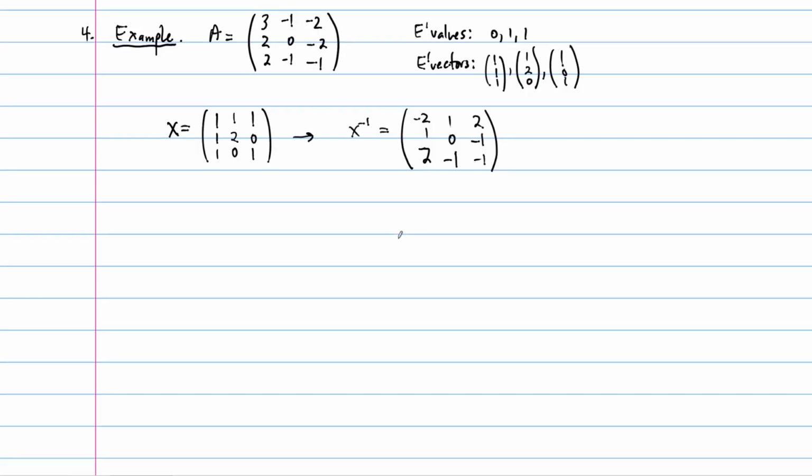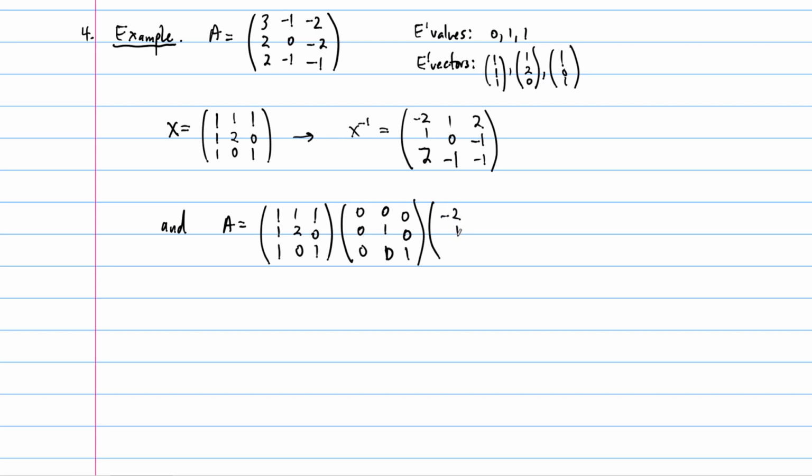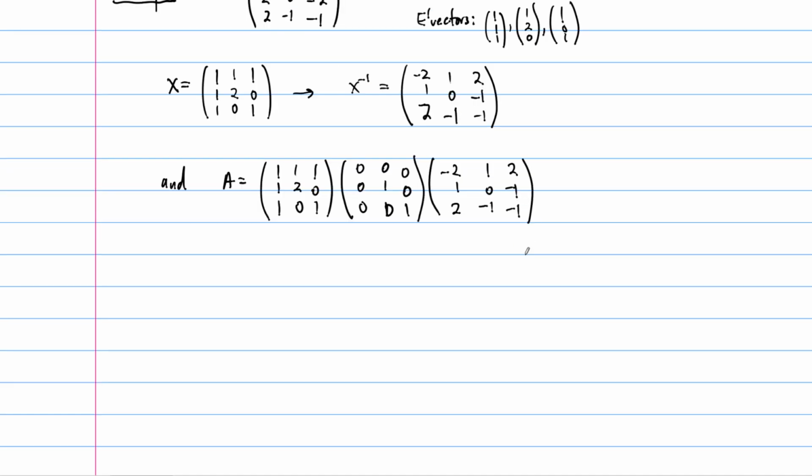And then A is equal to the matrix X times a diagonal matrix whose diagonal entries are the eigenvalues. Whoops, that's a 0. So it looks like that. There's our diagonal matrix times the inverse matrix over here. So this is our X, D, X inverse.